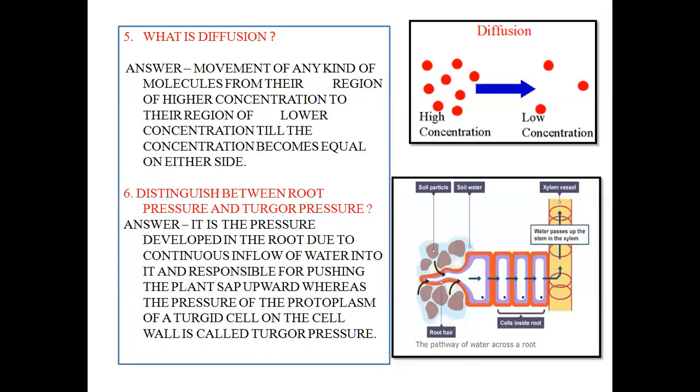Next is, what is diffusion? Now osmosis always takes place through a semi-permeable membrane. That means a living membrane is required in the process. But just think, students, of an example: if you spray a perfume in one corner of your room, after a few minutes you will get the same smell in a place that is distant from the area where you sprayed the perfume.